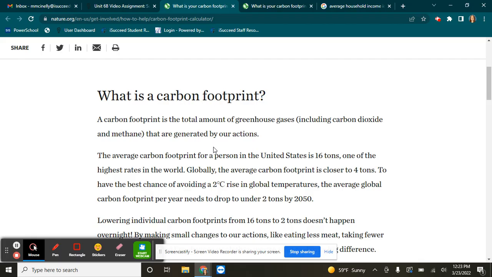So when the sun emits light energy and heat energy, a lot of that energy is going to be absorbed by the Earth, but a lot of it's reflected back and gets stuck in this layer. And over time, it's going to increase the temperature of our planet, hence global warming, which we know can cause a lot of negative things.